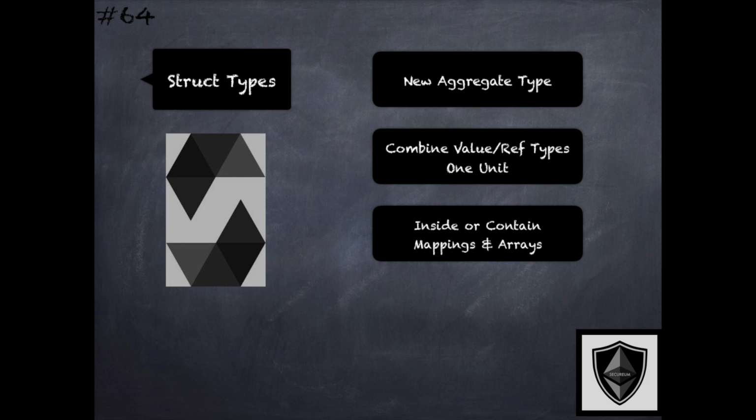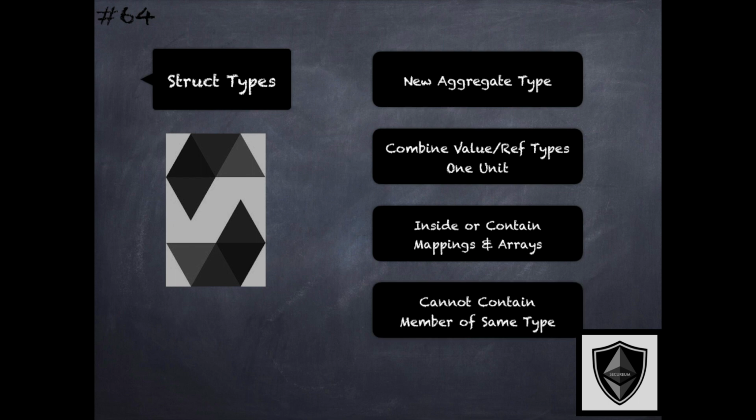So all these different complex reference types can be used in a very interrelated manner and really allows for versatile usage of these data structures to support different kinds of encapsulation logic when it comes to the different data types within a smart contract. There's one exception: struct types cannot contain members of the same struct type.